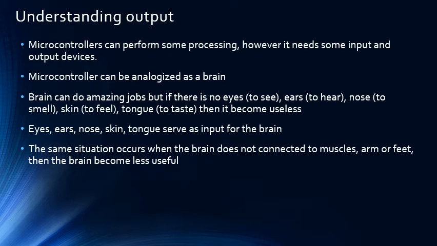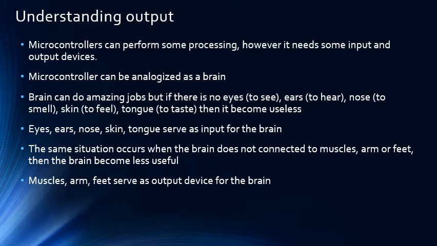Now, if the input has been given to the brain, and the brain can do some processing, but at the end the brain does not connect to anything, then it becomes useless. Brain needs to be connected to the muscles as the output devices.